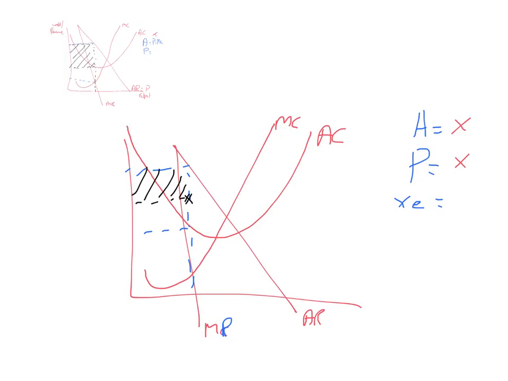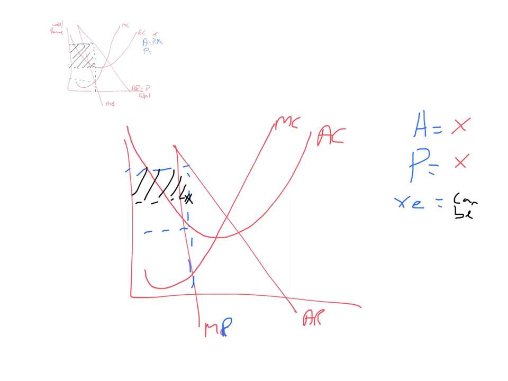So actually monopolies a lot of the time are X inefficient because they've got less incentive to keep their costs down, because they're still making abnormal profit or supernormal profit. So I would say monopolies can be X inefficient. Does that make sense?